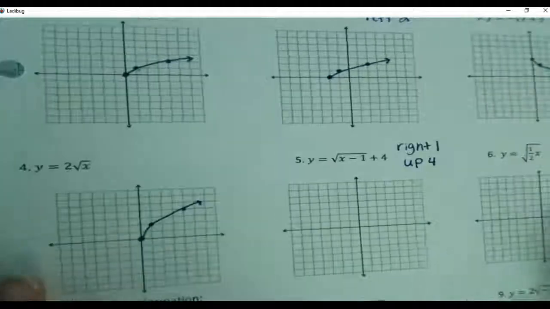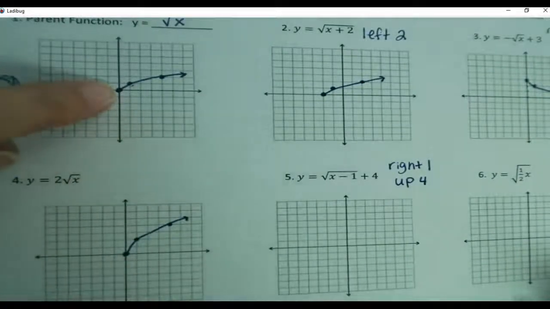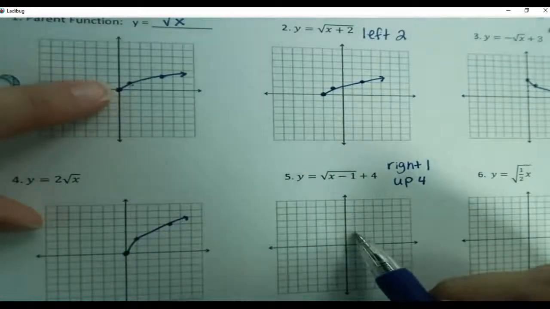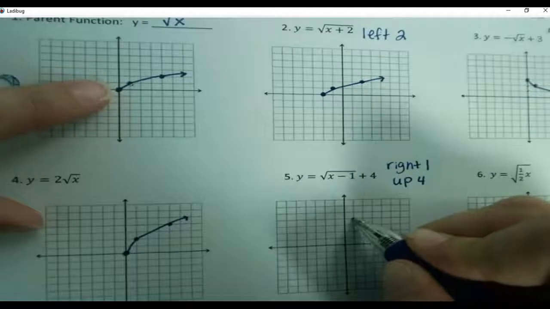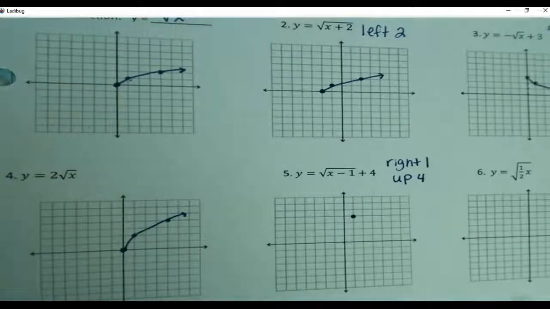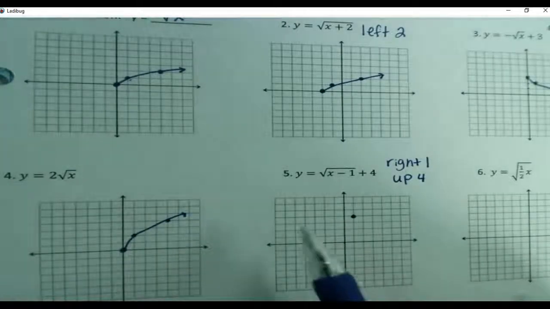Okay. So again, we're looking at our original graph. So I'm at 0, 0. So 0, 0 goes to the right 1, up 1, 2, 3, 4. We'll just put it off to the side on this one.